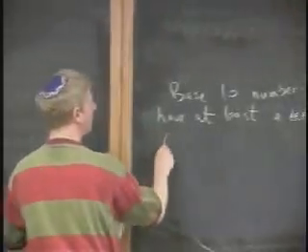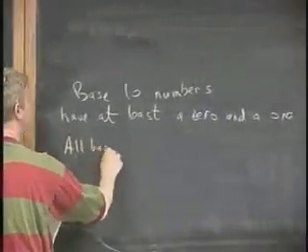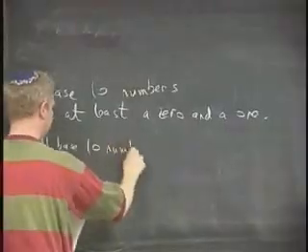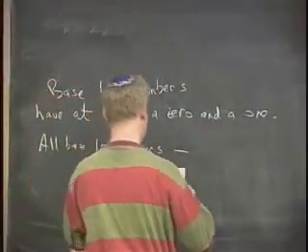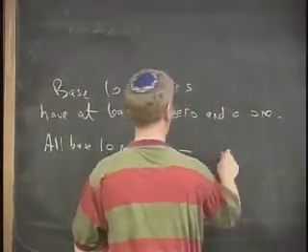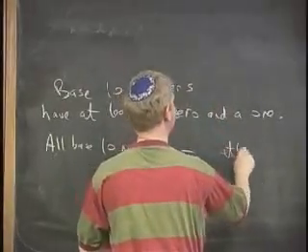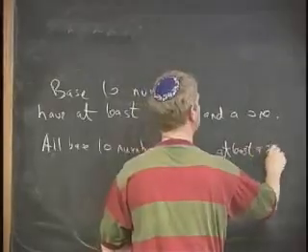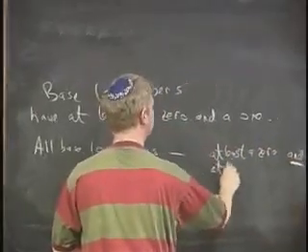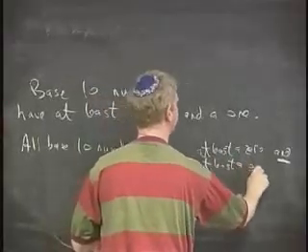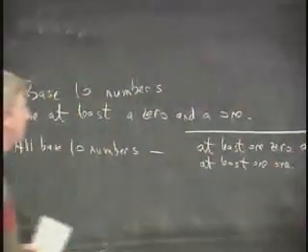We're going to solve this by doing all base 10 numbers minus the ones that have at least a 0 and at least a 1. That's what I meant.